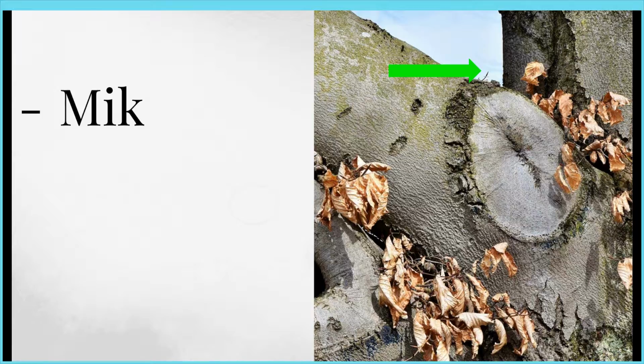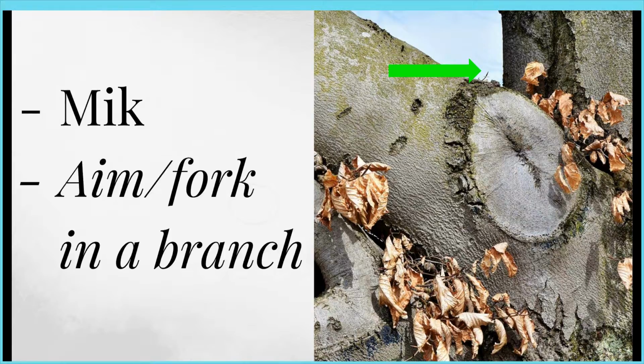Muk, muk. It can mean two things. Firstly, aim, like I aim to throw the paper into the dustbin. And secondly, in this lesson's activity, the word muk means a fork in a branch.